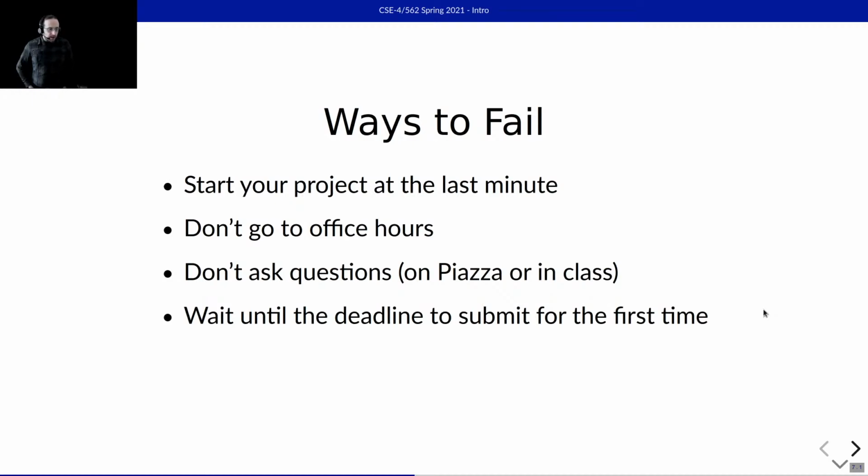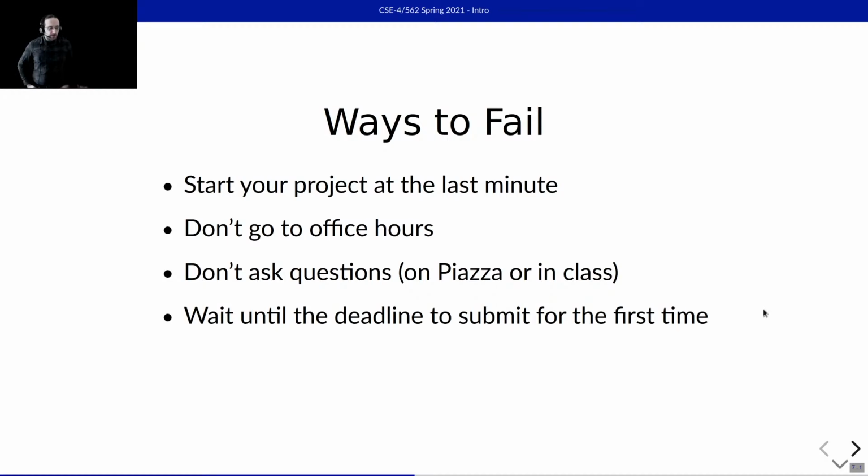And finally, also tying back to the project being kind of difficult, you will be allowed to submit your project as many times as you like. And every single time you're going to get a detailed report of what went wrong, where it went wrong.